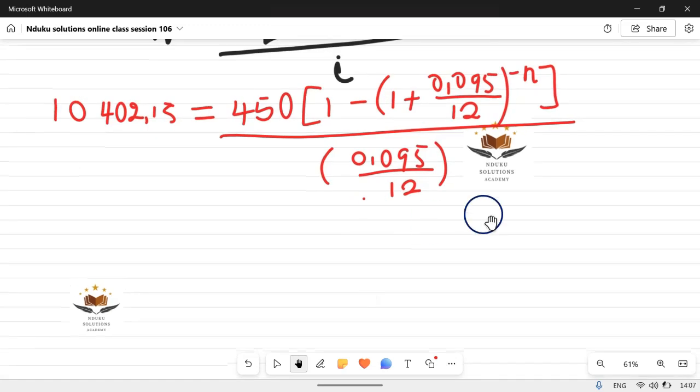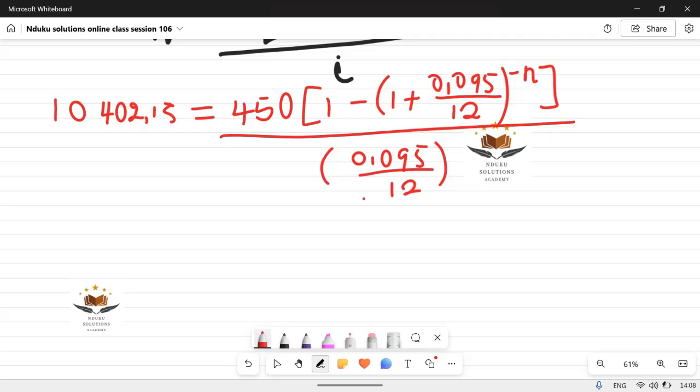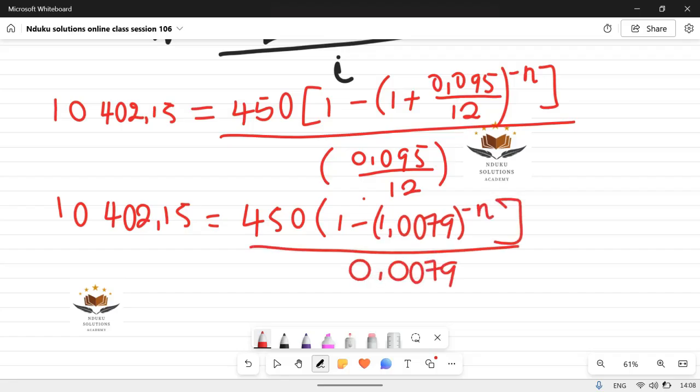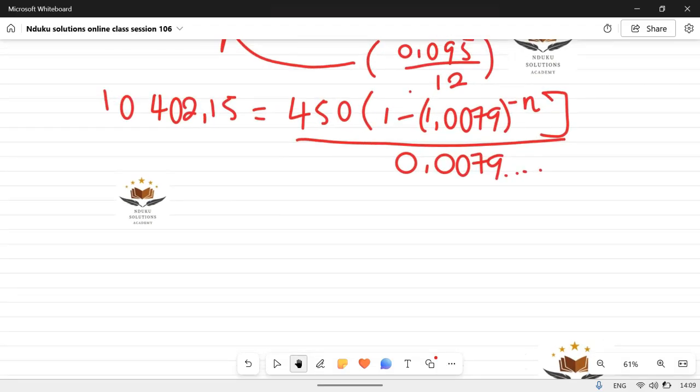And we'll simplify using algebra. Multiply both sides by 0.095 over 12, and then divide by 450, so that we can get rid of the 450 and the 0.095 over 12 in the denominator. You can also press the values in the calculator, but please don't round off yet.